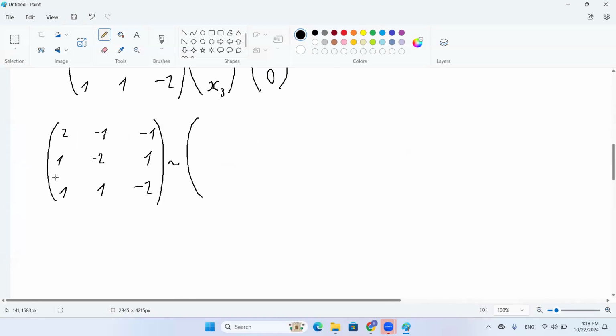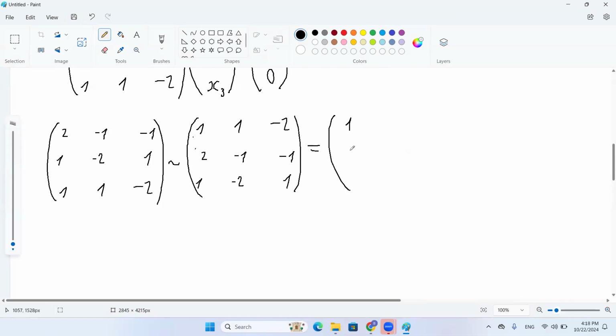First of all, I will swap rows for more convenient calculation, elimination. And now we will eliminate the first column.